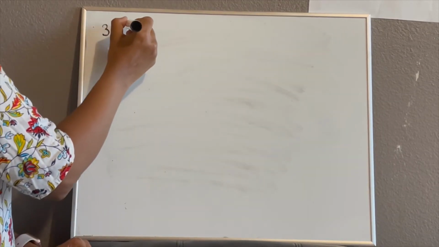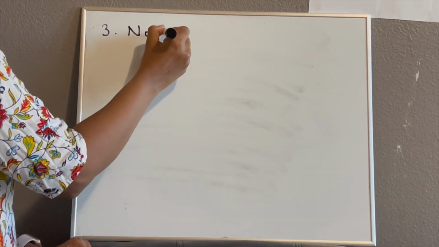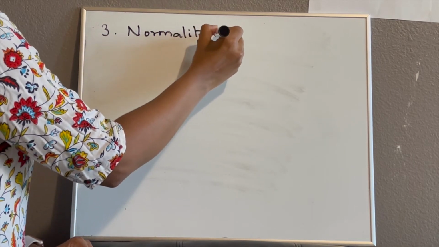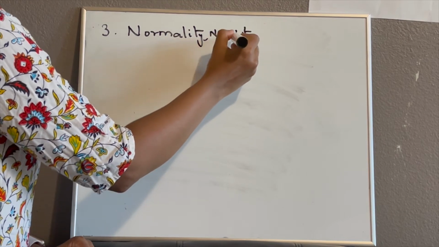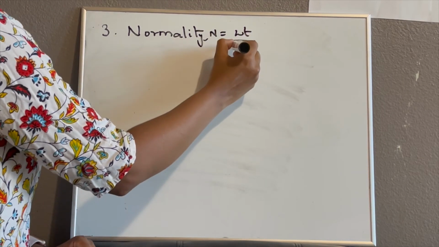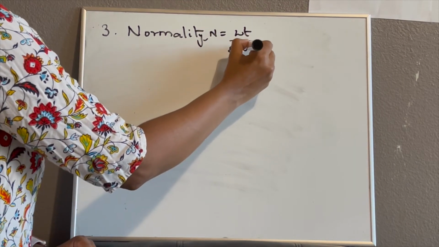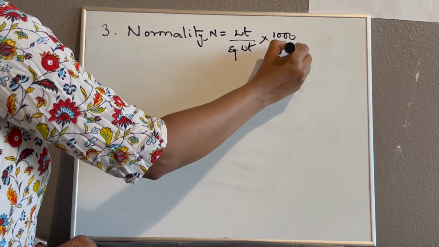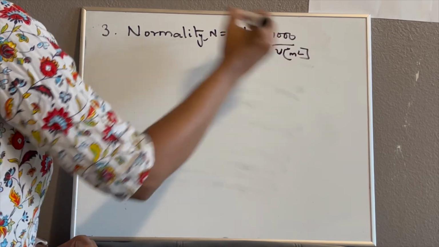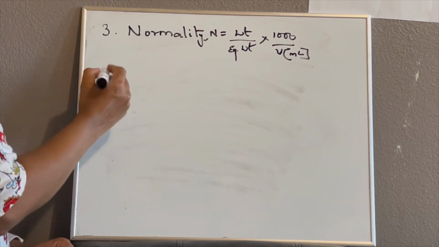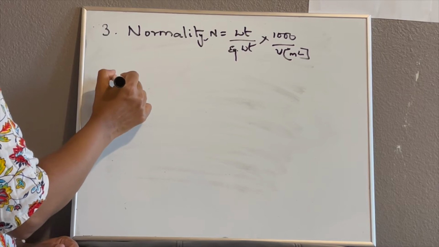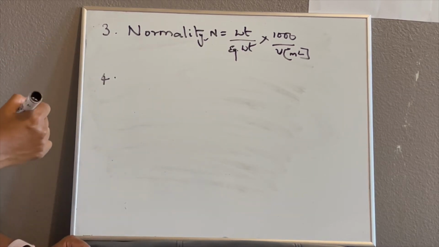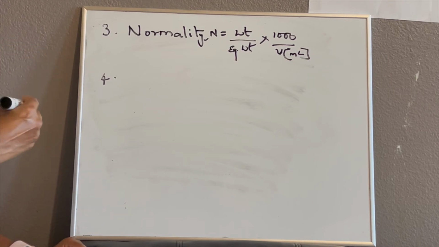The third one is normality. The formula for normality is weight by equivalent weight into 1000 by volume in ml. The next one, which is very important, is how to dilute a high concentration solution into a low concentration solution.